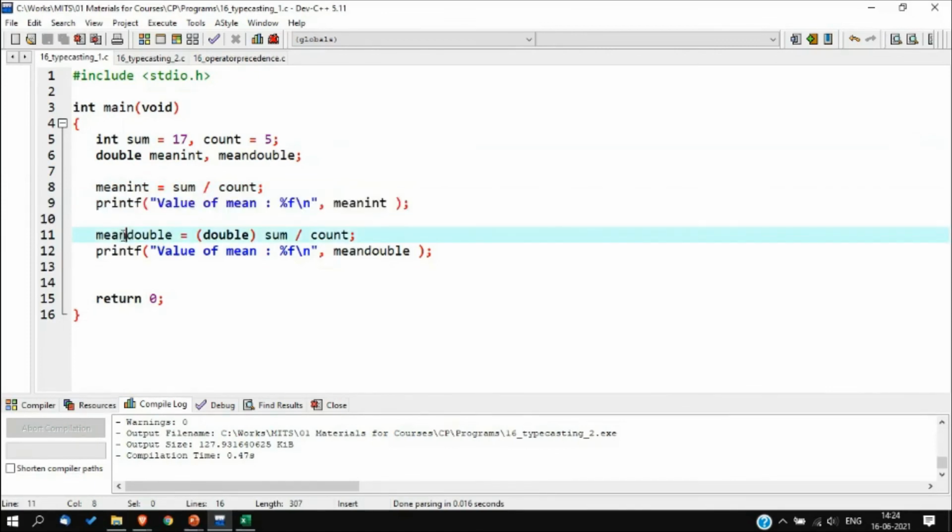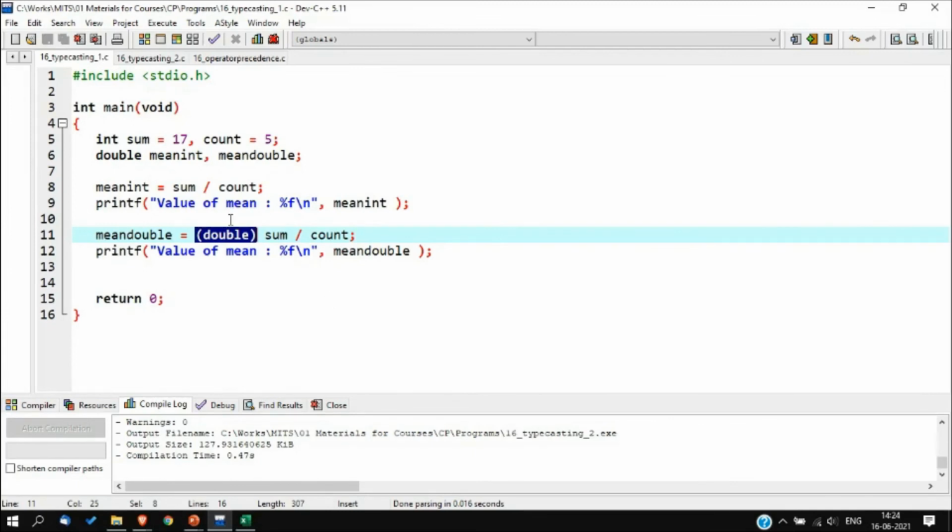In the next line, what happens is the mean double. So in this case, we do a typecasting, that is the term double within the brackets. The term double within the brackets is the typecasting.